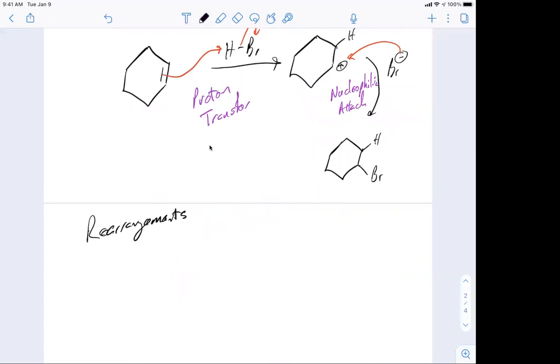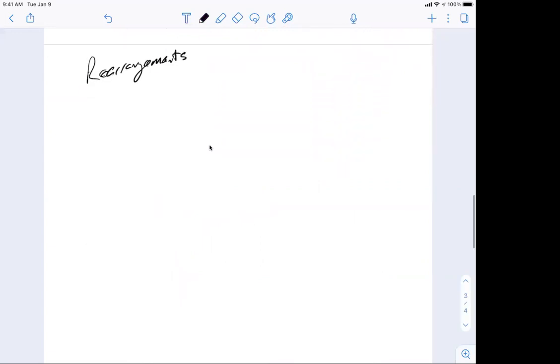Okay, I'm going to put a few carbocations here. You tell me if it's going to rearrange. If yes, then tell me what the rearrangement product would be.